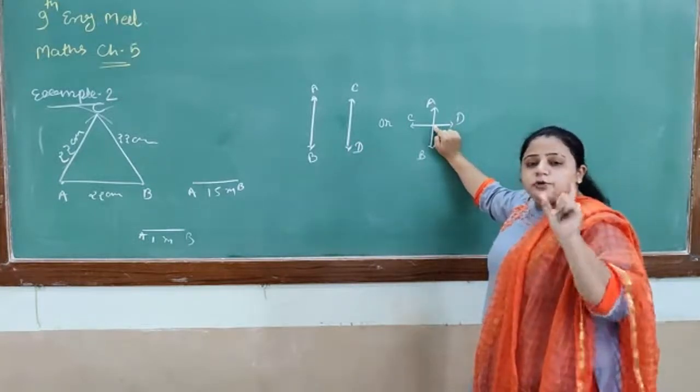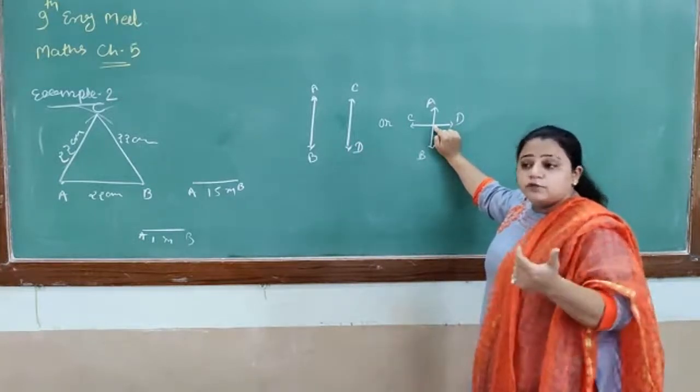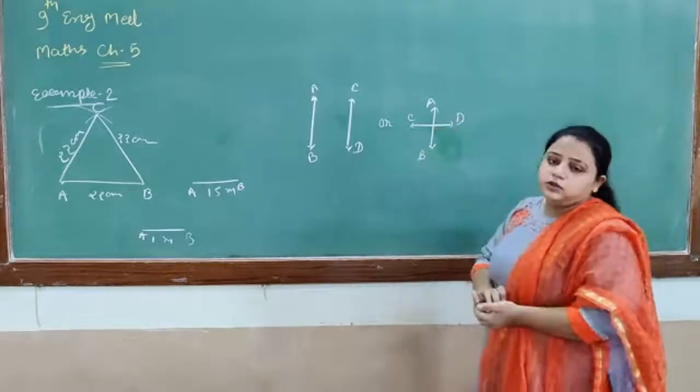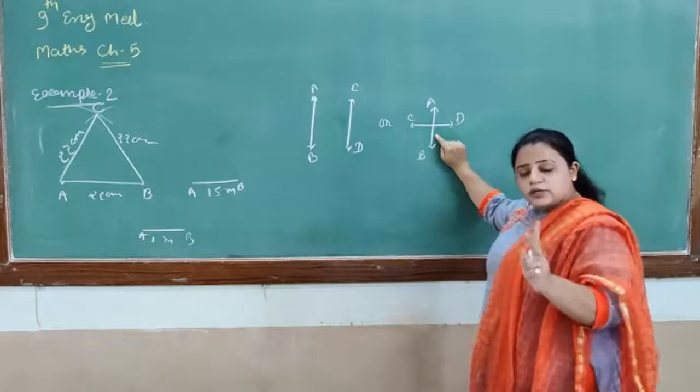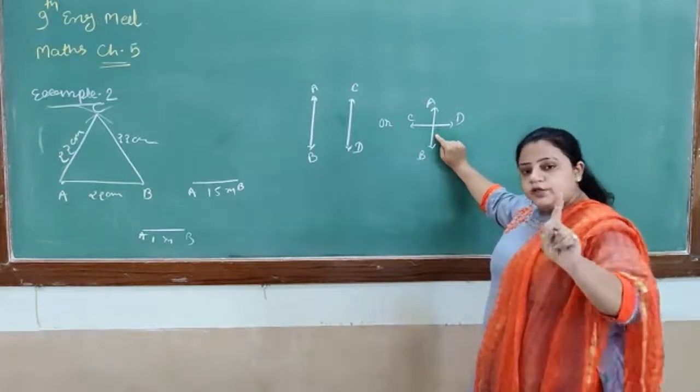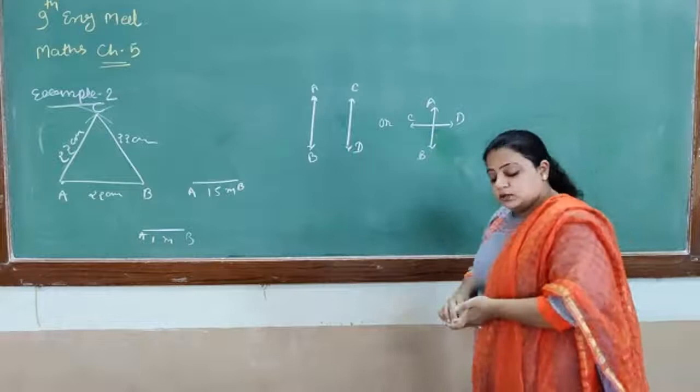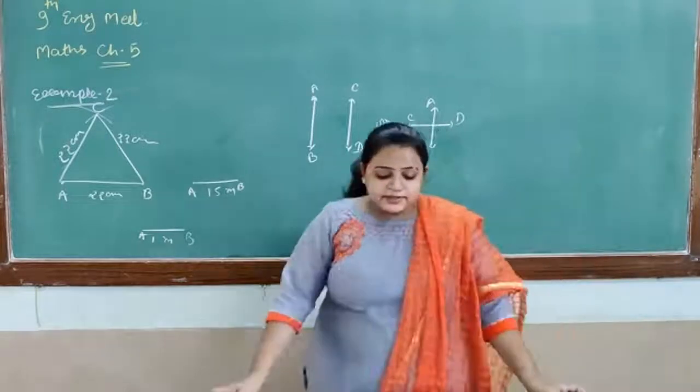At one point only they can intersect, not more than one. If you form any other angles, you can see that two lines can intersect at only one point, not more than that. That we have to accept.